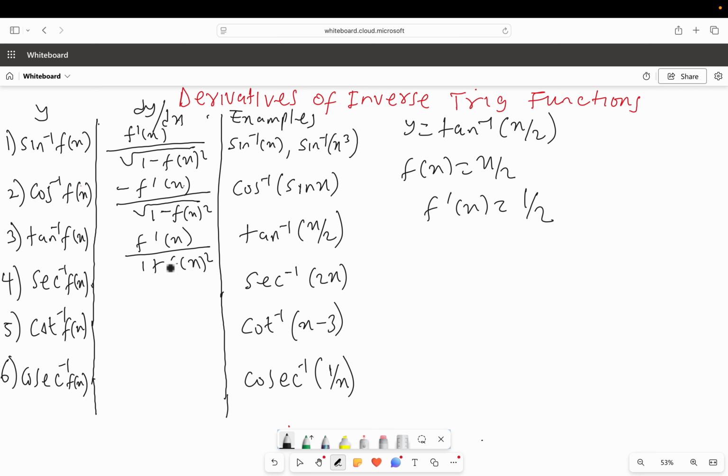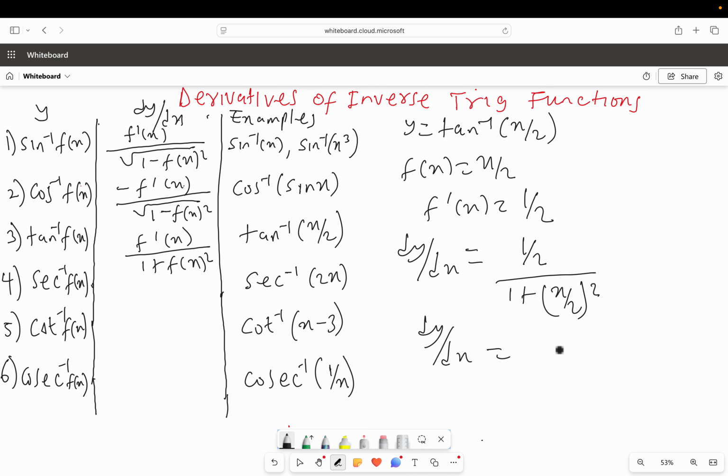If I make the substitution into the formula, my dy dx will just be 1 over 2 divided by 1 plus x over 2 squared. If I solve further, my dy dx will just be 2 over 4 plus x squared.